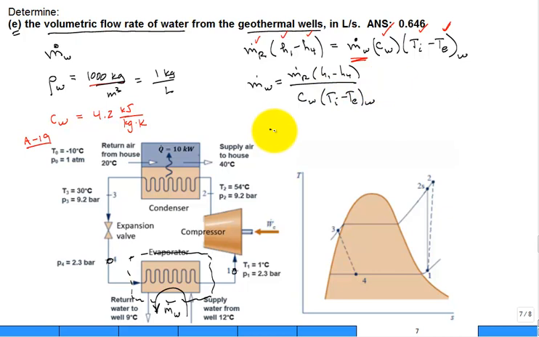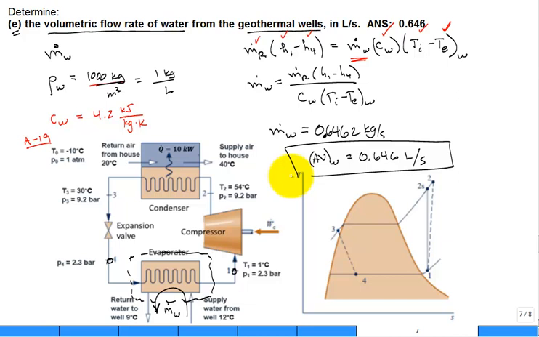And when you compute that, the mass flow rate of the water is 0.6462 kilogram per second. And then if 1 kilogram occupies a space of 1 liter, then the volumetric flow rate of the water is 0.646 liters per second.